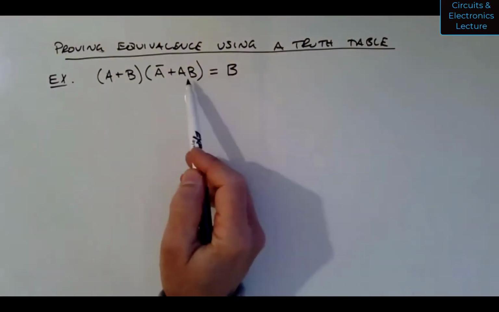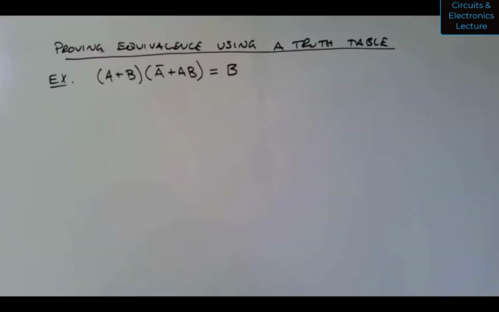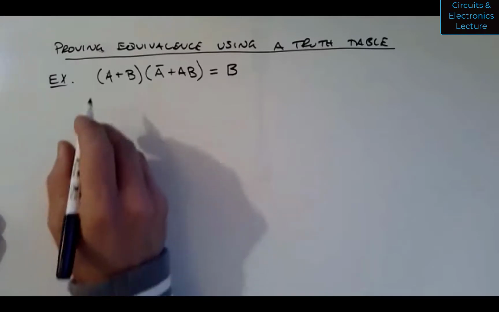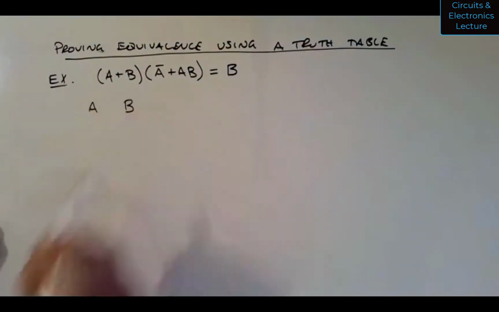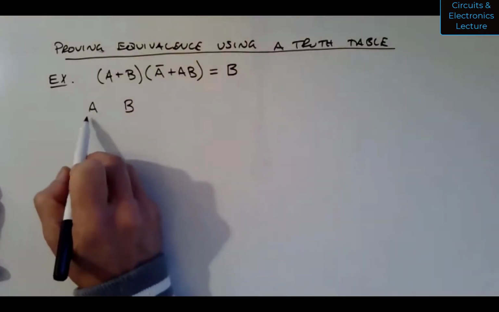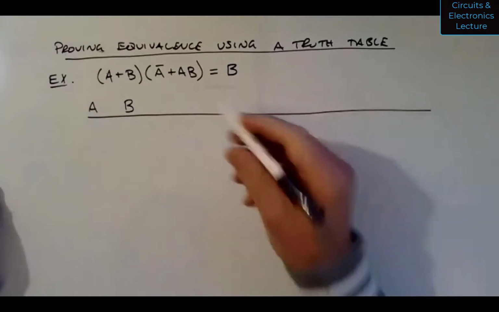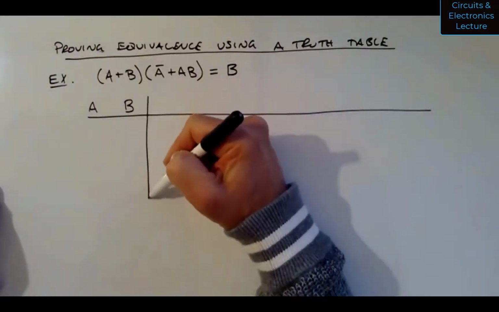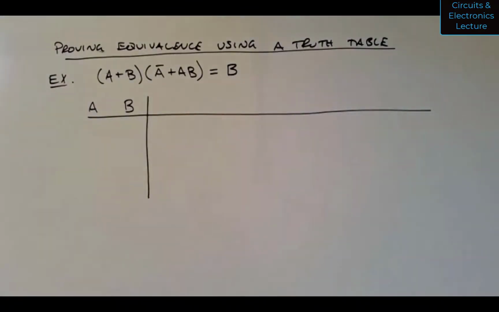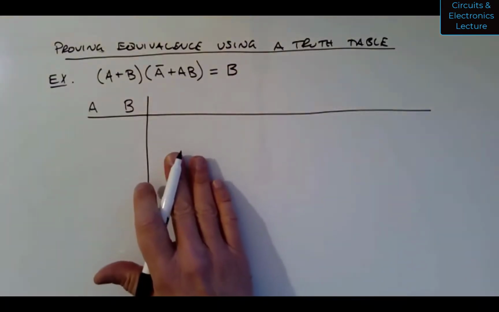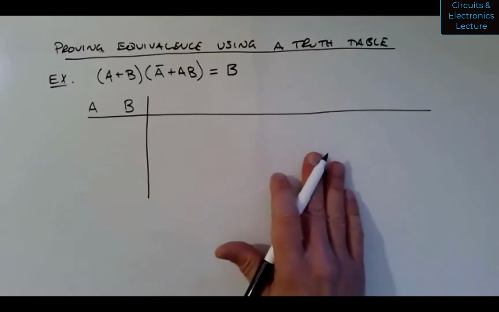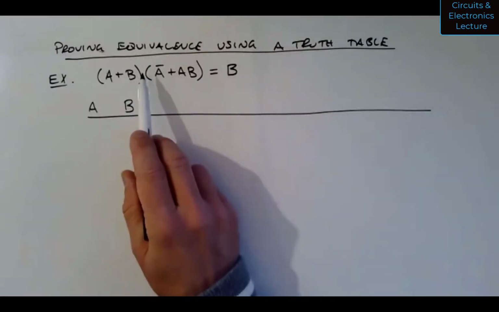So we're going to prove that these two expressions are equivalent, the left side and the right side. And I'm going to do that with a truth table. So let's define the inputs to be A and B. And then I'm going to create a table here. And on the right-hand side, I'm going to create some intermediate expressions that are involved in calculating the left-hand side.